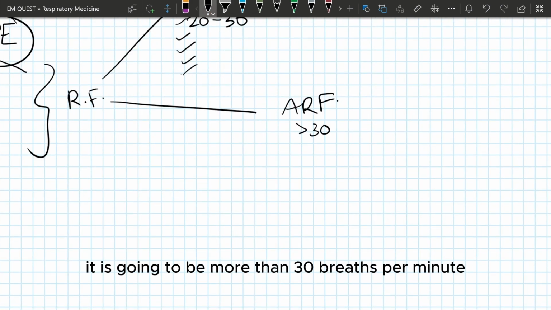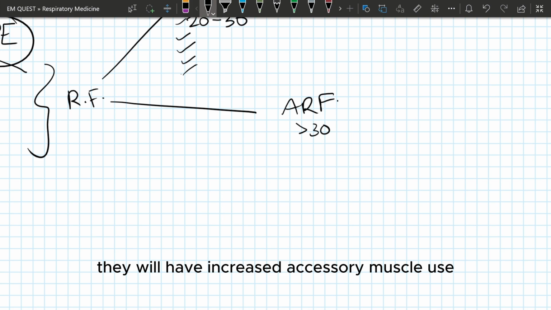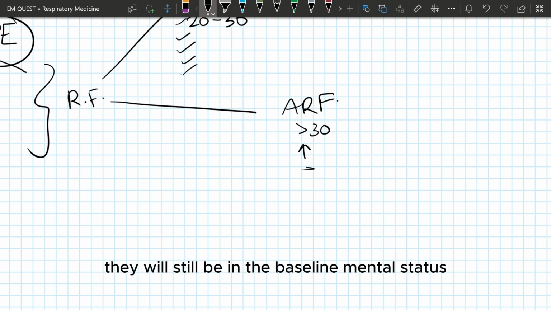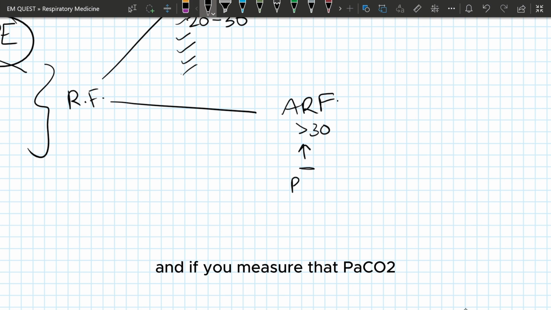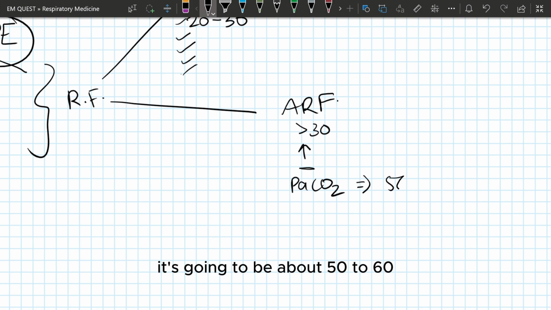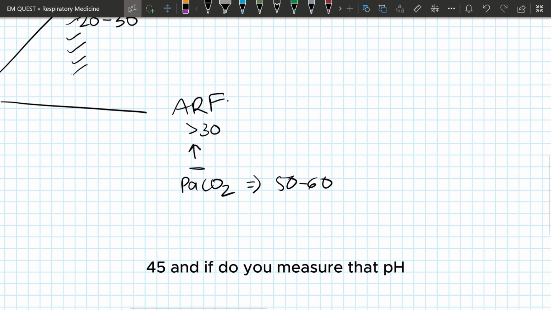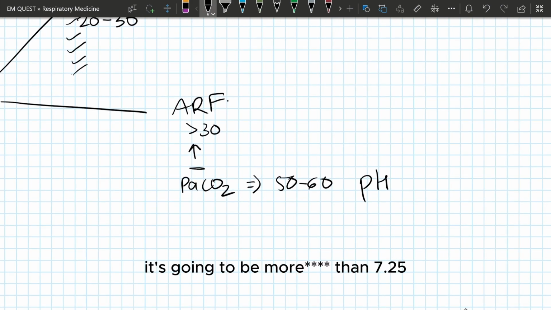When they come with acute respiratory failure, their respiratory rate is going to be more than 30 breaths per minute. They will have increased accessory muscle use. They will still be in their baseline mental status, and if you measure their PaCO2, it's going to be about 50 to 60. So we know that's already elevated because the normal is about 40, 45. And if you measure their pH, it's going to be less than 7.25.